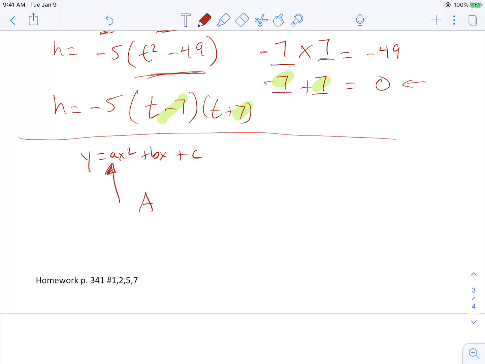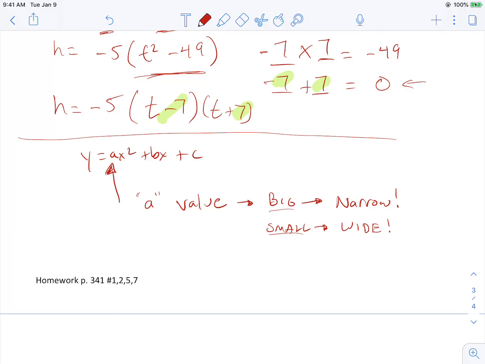The a value, and it's not a capital A, it's a lowercase a. If it is big, that means my parabola is narrow. And if it is small, like a decimal or a fraction, this thing is very wide.